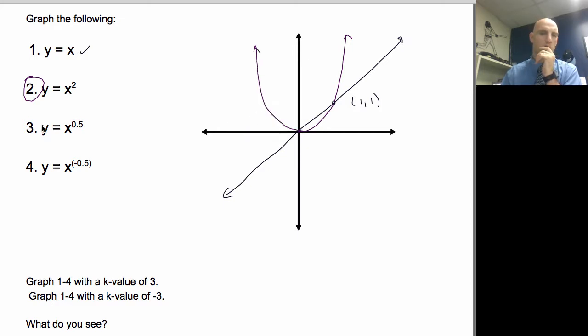Goes to the point negative 1, 1. If I graph 1/2 x, right? So this is y equals x squared. Just labeling these, y equals x. If I graph x to the 0.5, that's square root of x, right? So that's going to go through 1, 1.